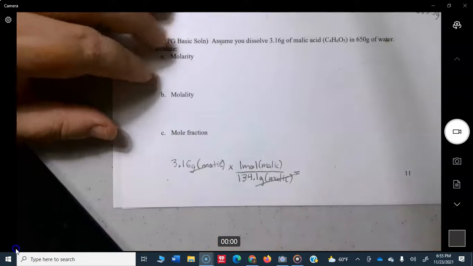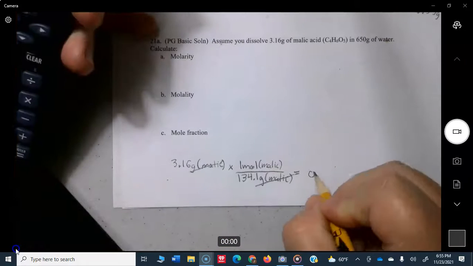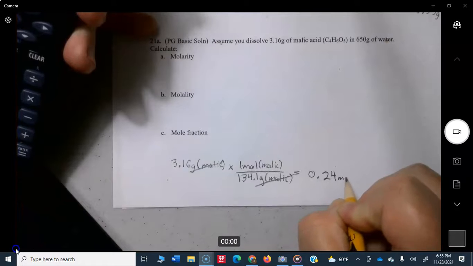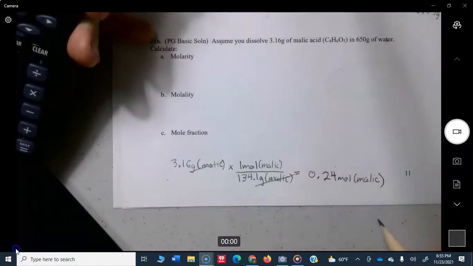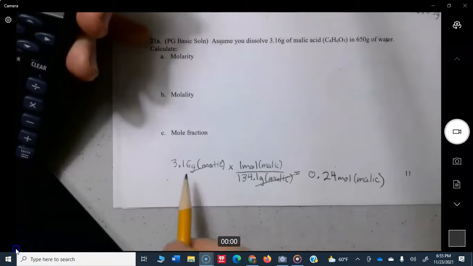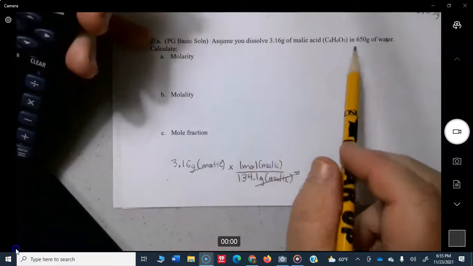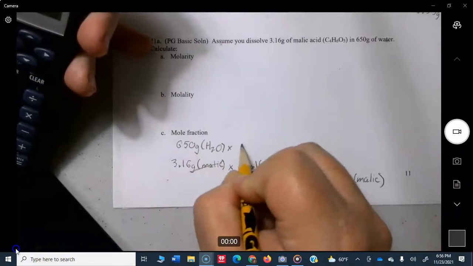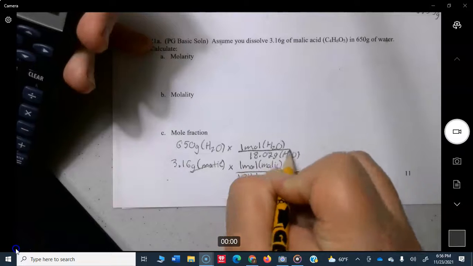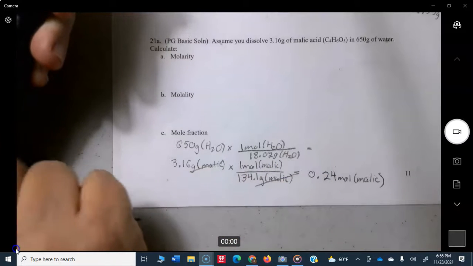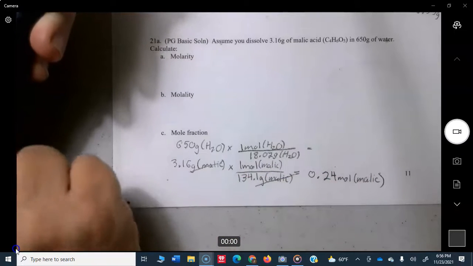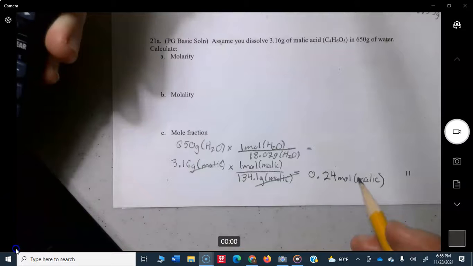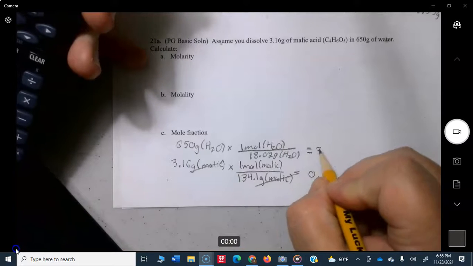And the number of moles we get is 0.24 moles of malic acid. Alright. Okay, let's do the same with water. We have 650 grams of water, and we know the molar mass. That's going to give us 650 divided by 18.02, and that's going to give us 36.1 moles.